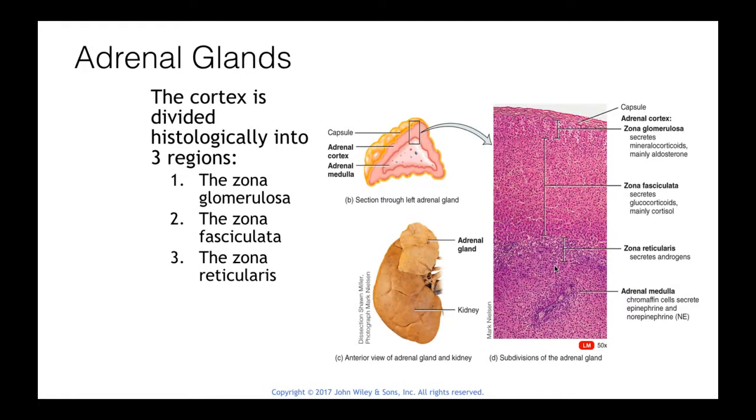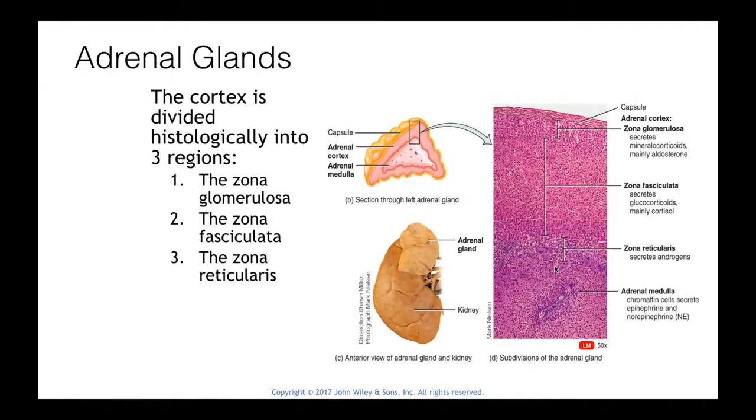There's the zona glomerulosa, which is pretty superficial. It's close to the outer portion where the capsule is. Then we see the zona fasciculata, and then we see the zona reticularis.